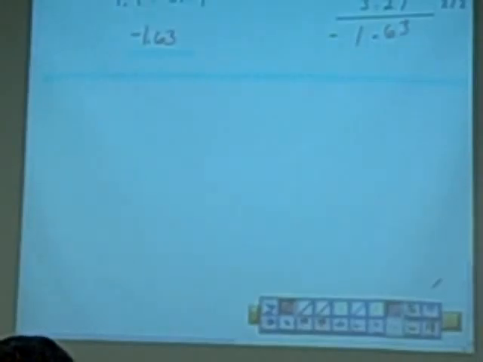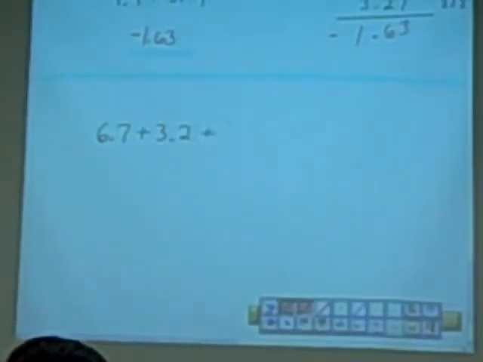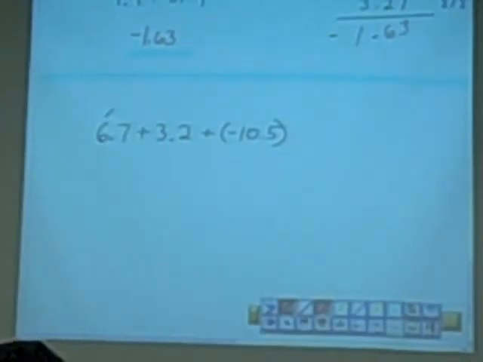Alright, here we have 6.7 plus 3.2 plus a negative 10.5. Okay, so we're going to start with the first two.